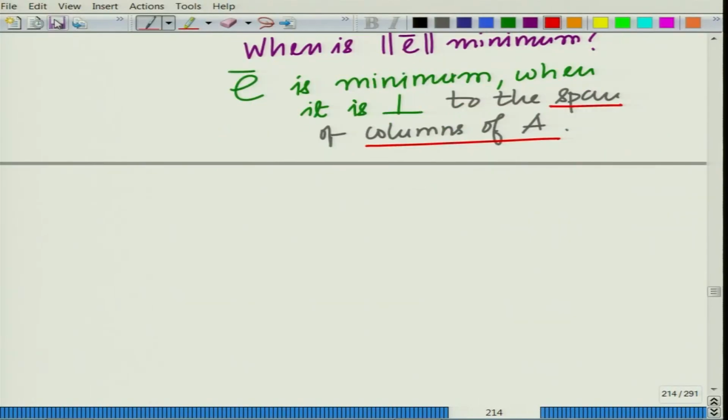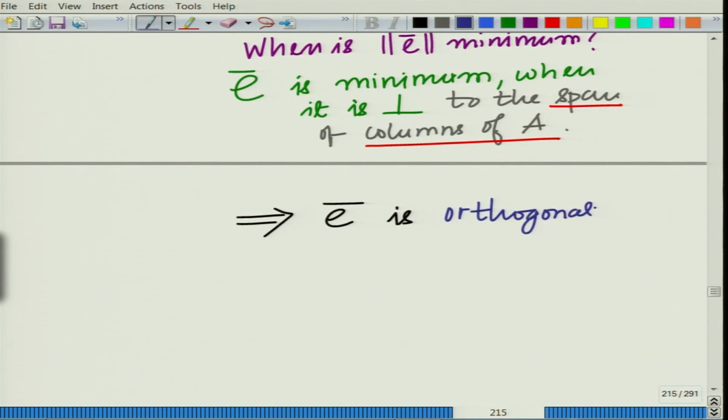Naturally, E bar is perpendicular to the subspace if and only if it is perpendicular to every basis vector of that subspace, which means E bar is perpendicular to every column of the matrix A. So, this essentially implies E bar is perpendicular, or essentially you can say E bar is orthogonal, because perpendicularity is nothing but orthogonality in the context of vectors.